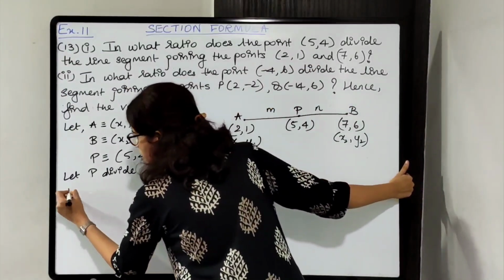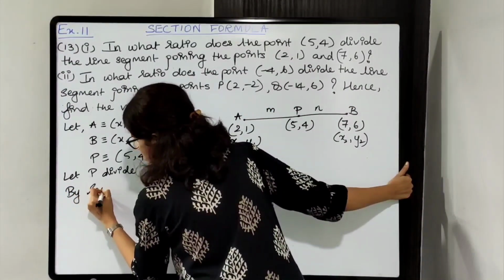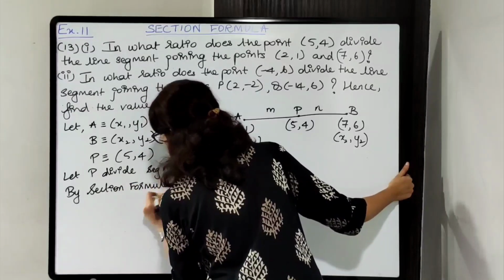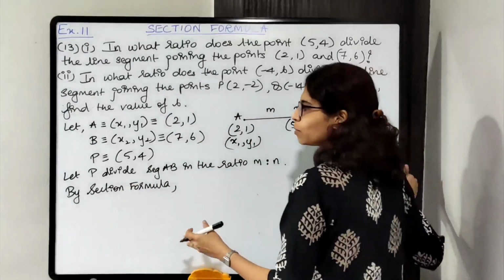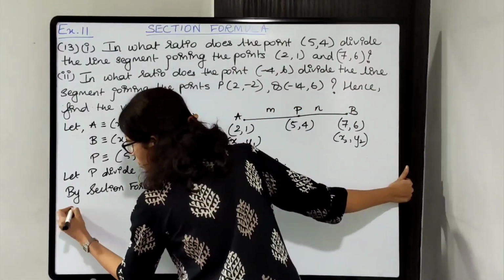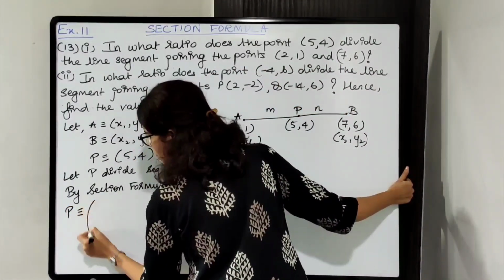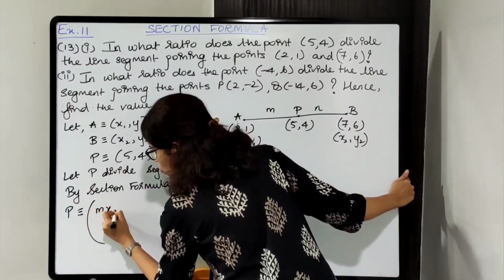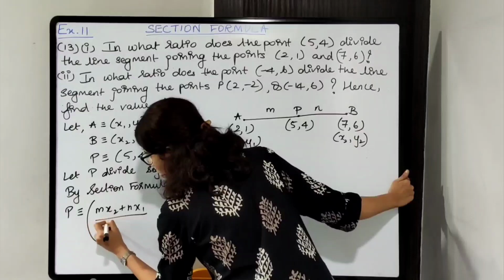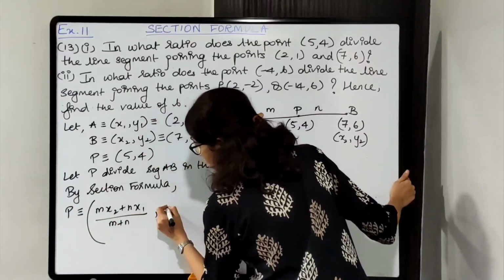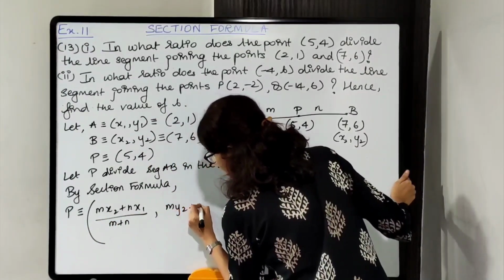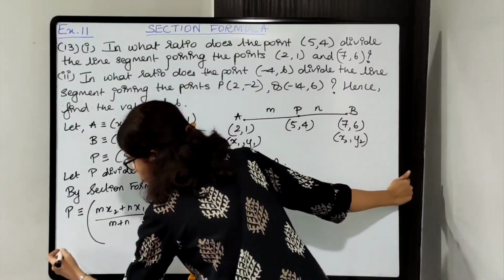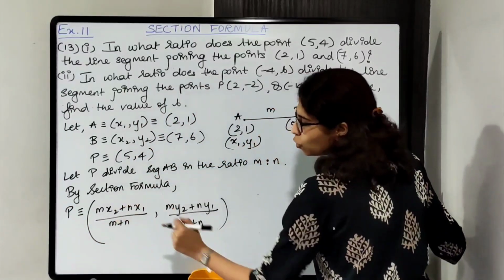By the section formula, the coordinates of P will be: x coordinate mx2 plus nx1 upon m plus n, and y coordinate my2 plus ny1 upon m plus n. यहाँ पे brackets में coordinates लिख दो, I forgot to write it down.